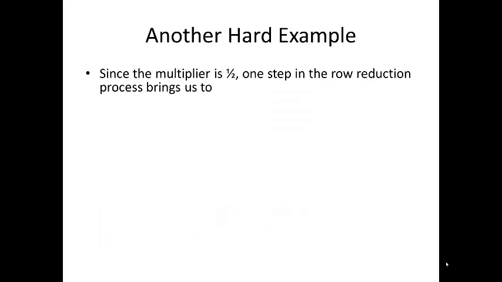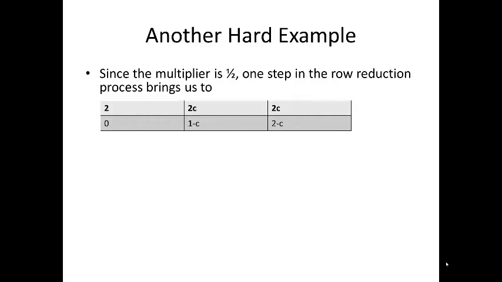Now, since the multiplier is 1/2, one step in the row reduction process brings us to the following system. 2, 2c, 2c; 0, and we get the 0 in the first column, second row, which is what we want; 1 minus c, 2 minus c. Now, suppose we're working on a computer with limited word length.